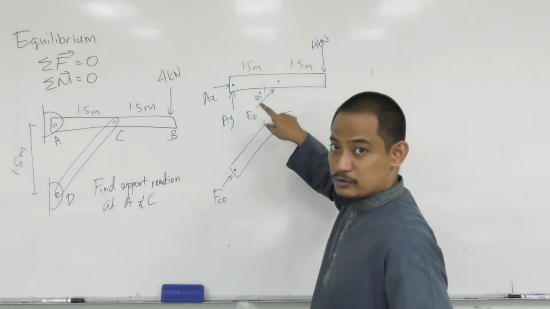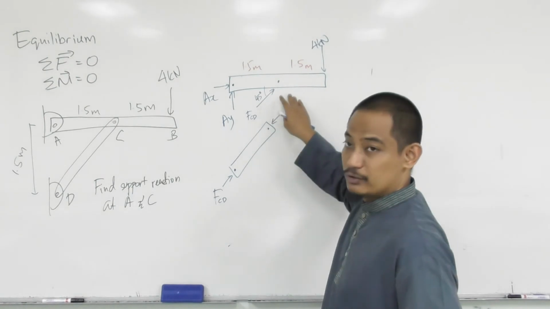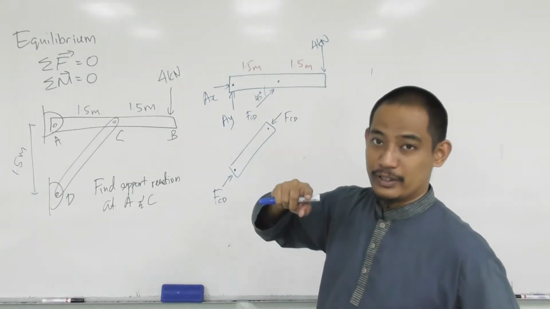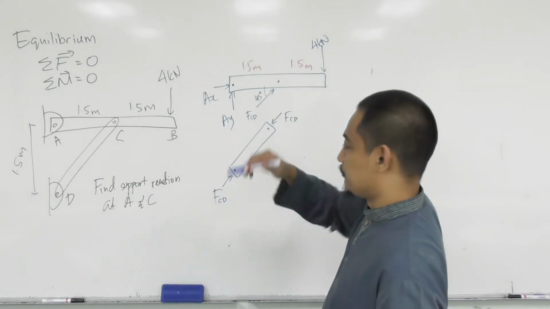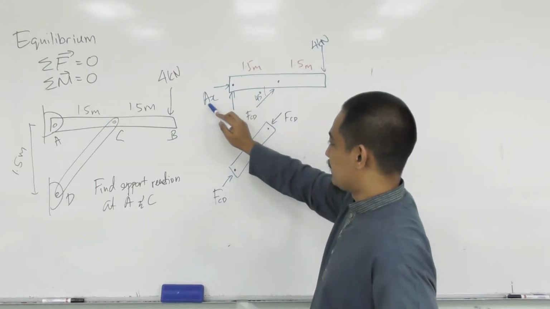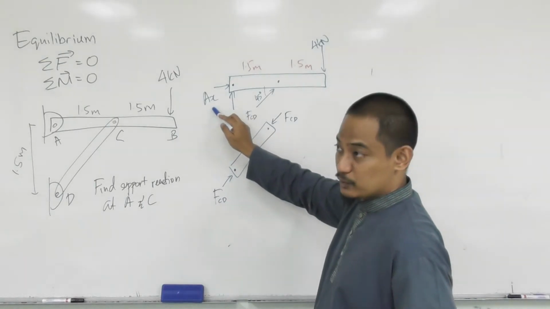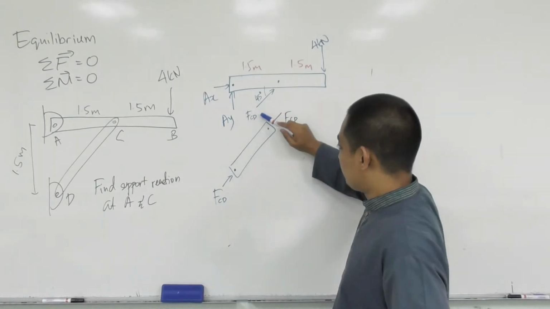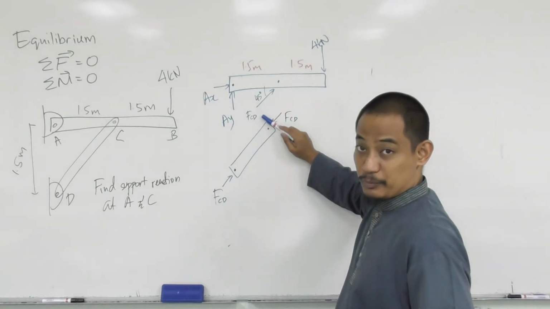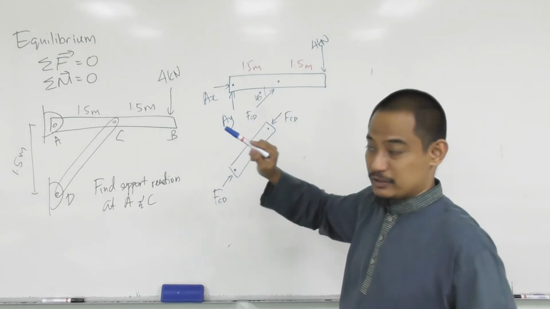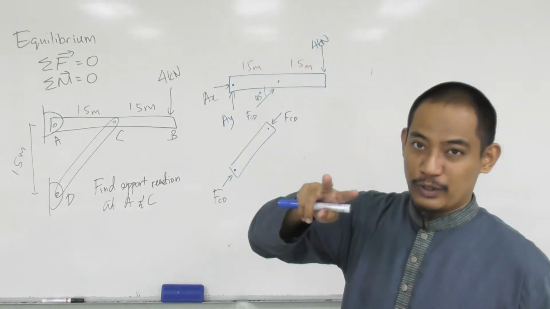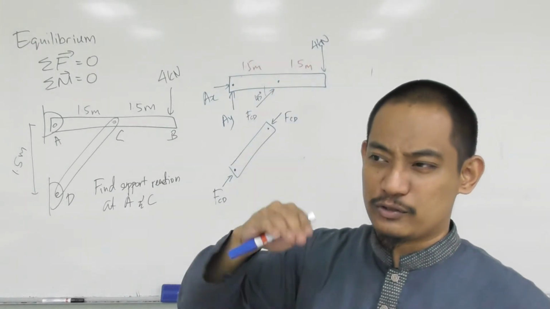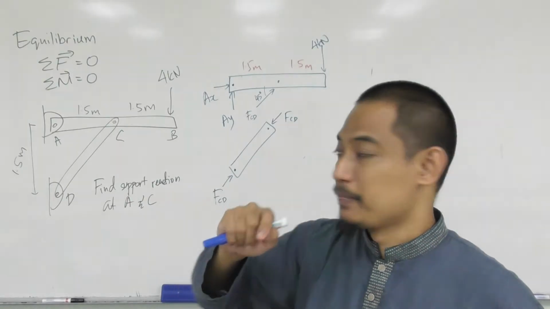If I use summation of fx on this one, how many unknowns do I have? If you do summation of fx, this is the x component, so you have one unknown, and this force FCD also has an x component, so you will have two unknowns there, right? Meaning that you cannot solve the equation straight away.